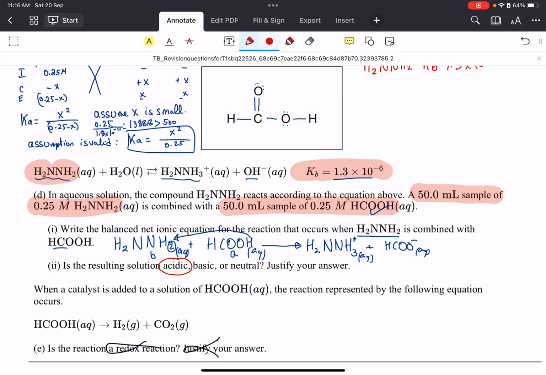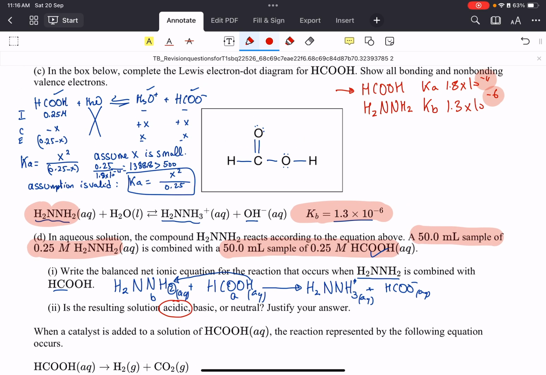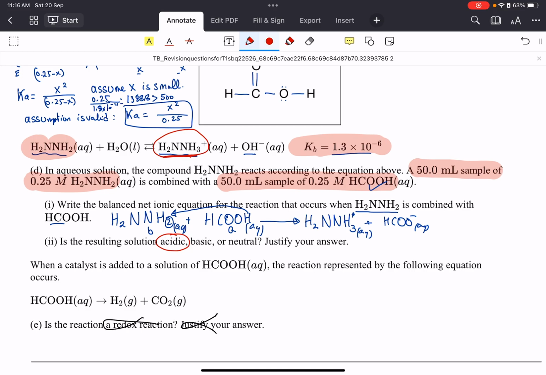Next, I can also compare the Ka of this one and the Kb of this one, but it's going to be the same result. So simply compare the Kas from the beginning.